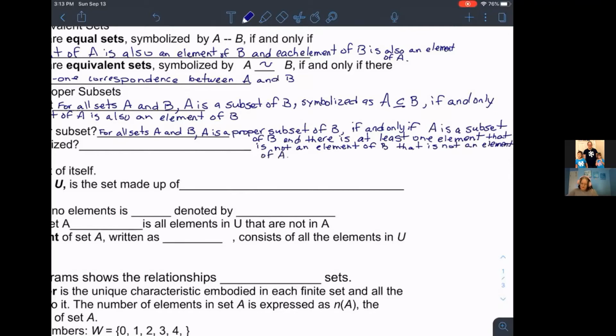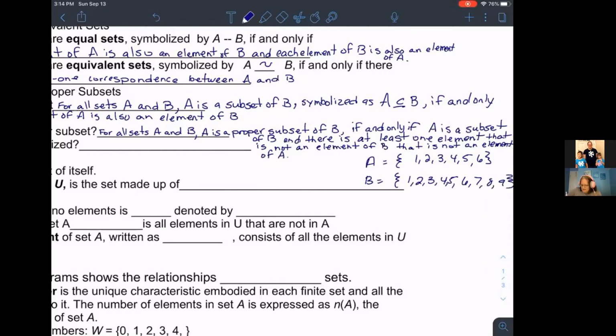Okay, so what all that means is say you have A and B sets, and A has 1, 2, 3, 4, 5, and 6. B would have 1, 2, 3, 4, 5, 6, 7, 8, and 9.